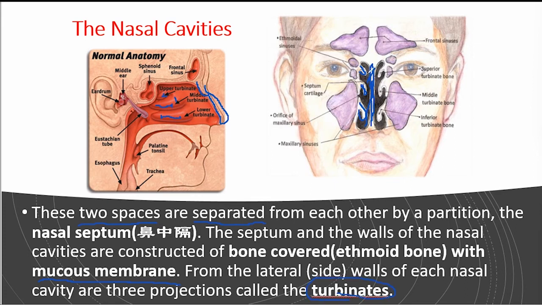By these three bumps, they separate the big nose cavity into three separate passages, but in the middle part they are still connected to each other. In this way, it increases the surface area of the nose cavity membranes. Later on, we will talk about the functions.